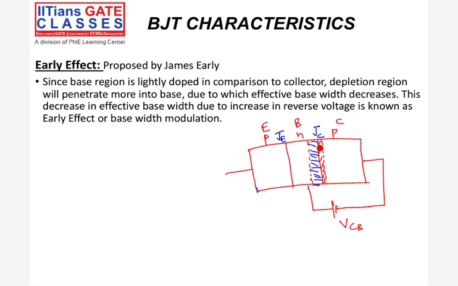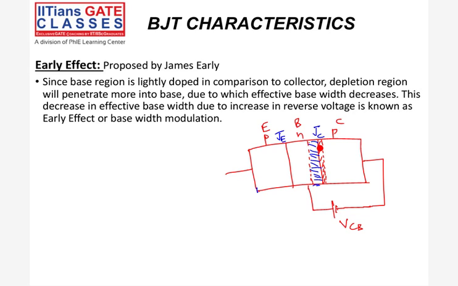When I increase this voltage, the depletion region goes deeper into the base region, means base region is covered more by this depletion width. So I have written here, since base region is lightly doped in comparison to the collector, depletion region will penetrate more into the base, due to which effective base width decreases.